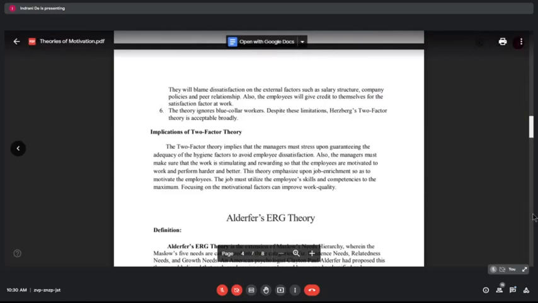And the managers must make sure that the work is stimulating and rewarding. So that means we are talking about the motivators, the satisfiers, or the motivational factors. So that will motivate you. You are giving some reward, you are recognizing him. So that is a motivating factor. So both the things are important. Only the motivator is not going to work.